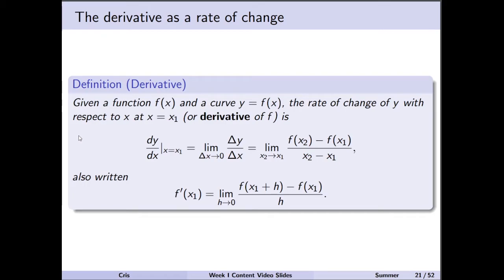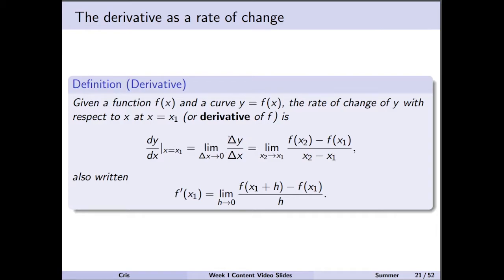Now we're going to talk about the derivative, which is a name for a rate of change. Derivative and rate of change is the same thing. So given a function f of x, we can always associate a curve y equals f of x. And then the rate of change of y with respect to x at a certain point x1, which we call the derivative of f, is given by a limit of average rates of change.